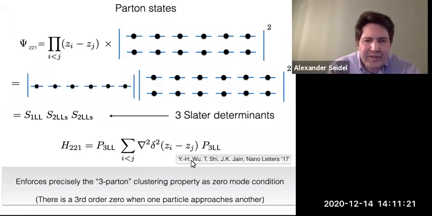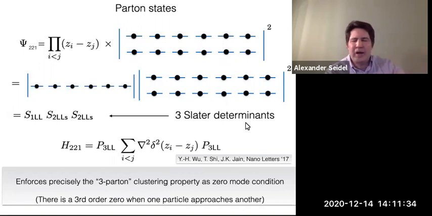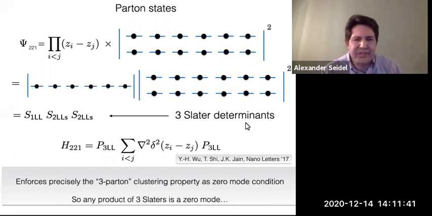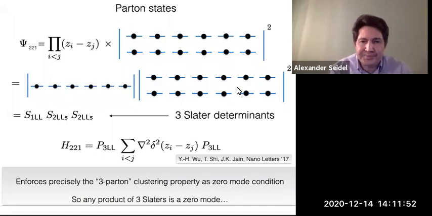This is what Wu, Shi, and Jain proposed 3 years ago. They studied this Hamiltonian, and you can see immediately the Jain 2-to-1 state is a 0 mode of that. It's again a positive Hamiltonian. Any 0 mode is a ground state, but in fact, any product of 3 Slater determinants, you can make arbitrary excitations in any of these 3 Slater determinants, and that would still be a 0 mode of this Hamiltonian.